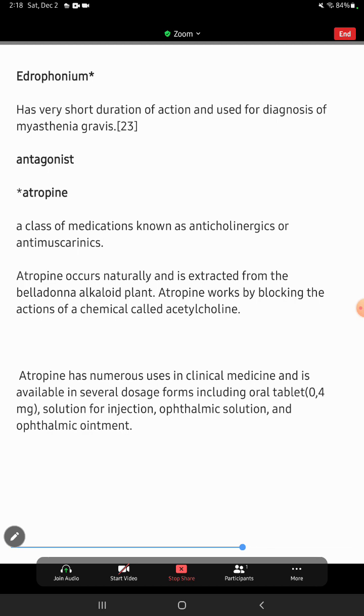Atropine works by blocking the action of the chemical called acetylcholine. Atropine has numerous uses in clinical medicine and is available in several dosage forms, including oral tablets, which are 0.4 mg, and solution for injections, ophthalmic solutions, and ophthalmic ointments.